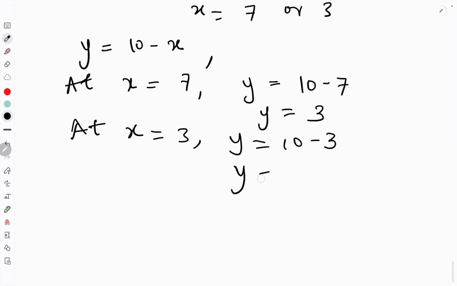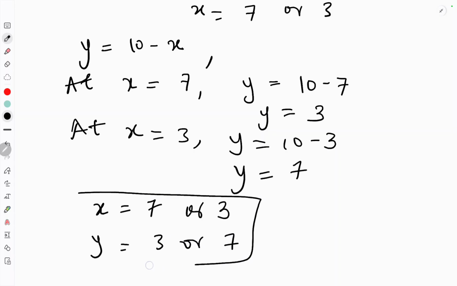That means y is equal to 7. So the two possible solutions are x is equal to 7 or 3, then y is equal to 3 or 7.